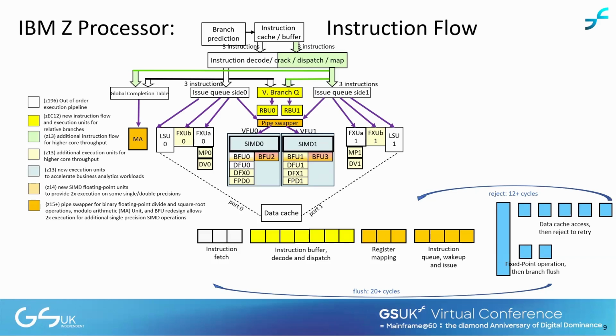They each have their own subunit within the parent floating point unit. Fixed point units do the fixed point arithmetic. There's a multiplier and a fixed point division unit attached to one of the fixed point units on either side of the issue queue. We got a load store unit to handle loads and stores, as you might have figured out. So on and so forth.